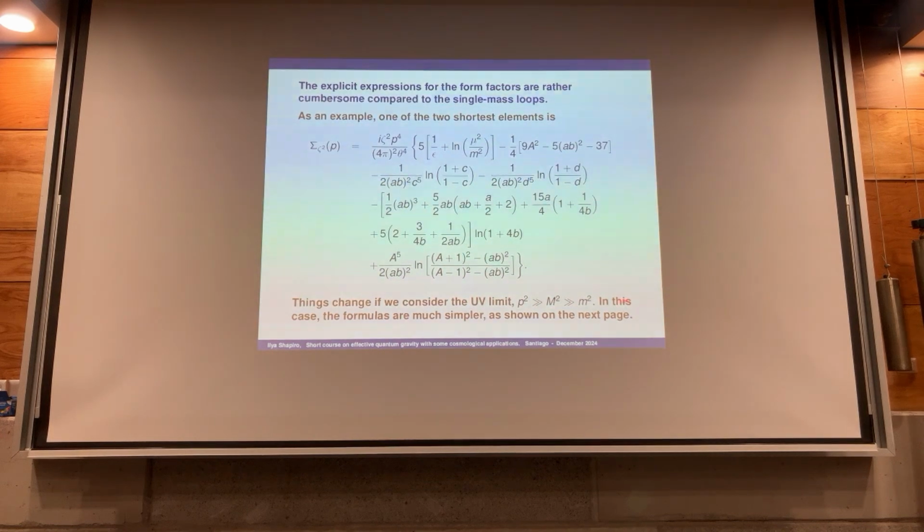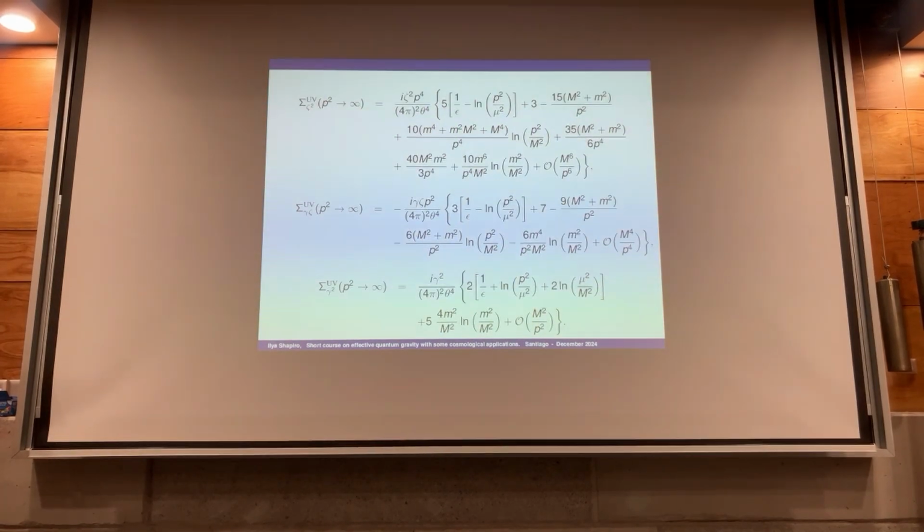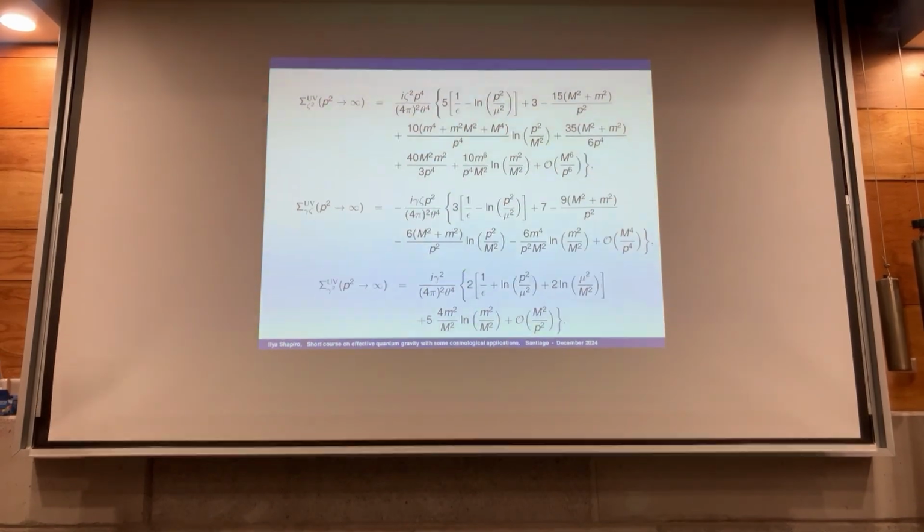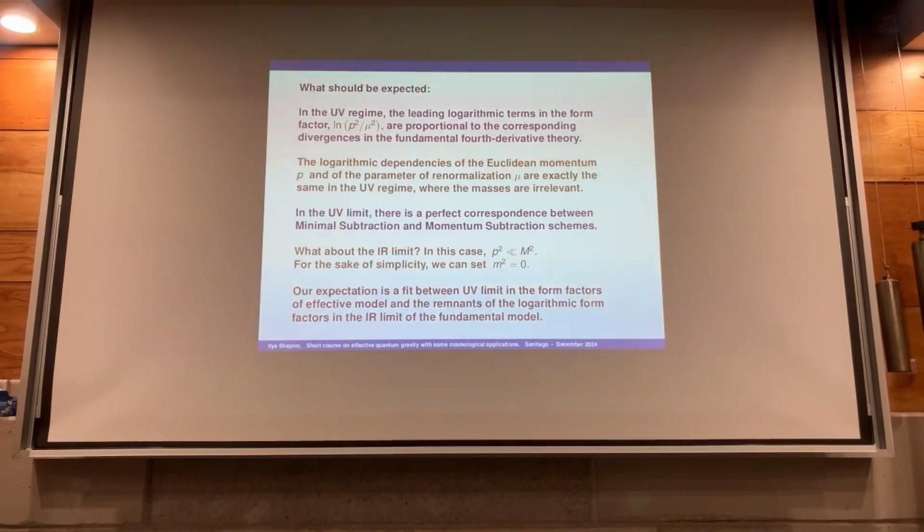So now we have to simplify and introduce this hierarchy. We can say that momentum is very high, ultraviolet, more than the heavy mass, and much more than the zero mass, of course. And this gives us these 3 reduced form factors, okay? You can have series. They became simpler, but still it's not a real joy, let's say.